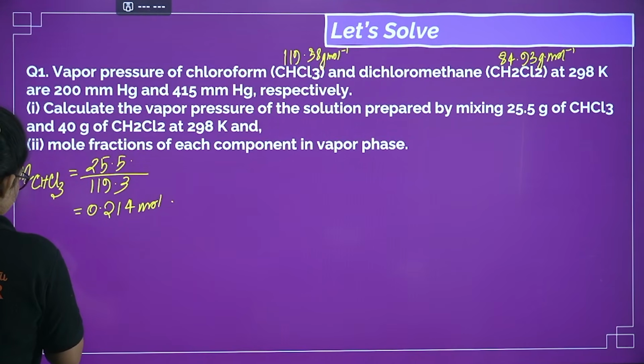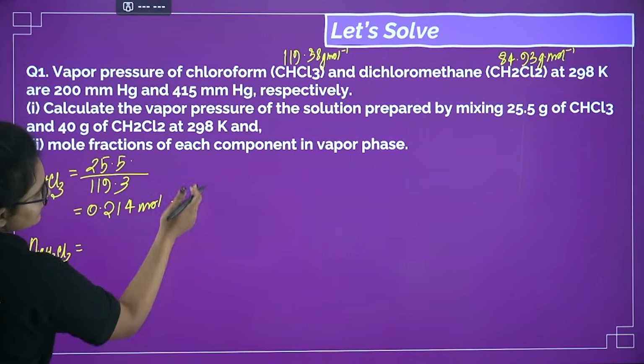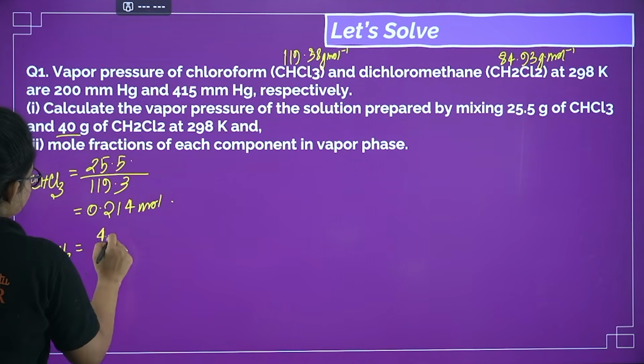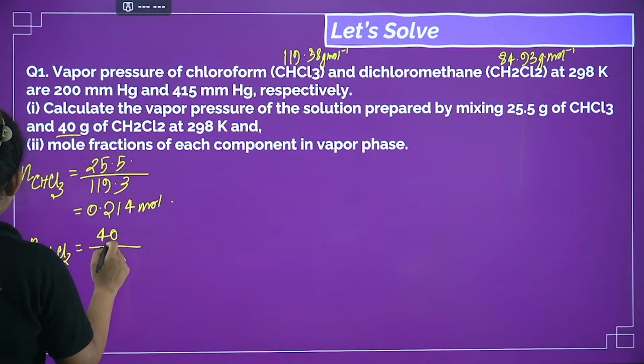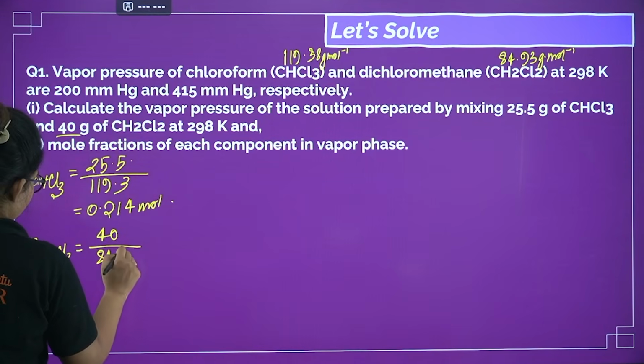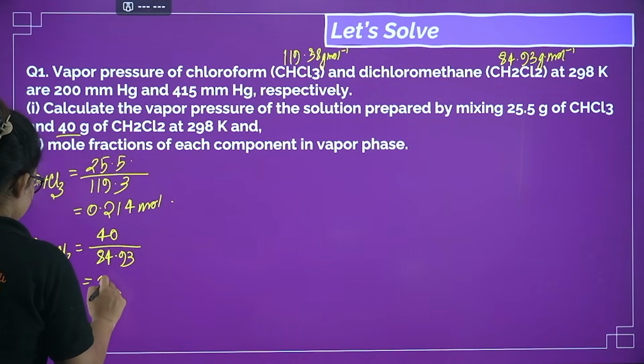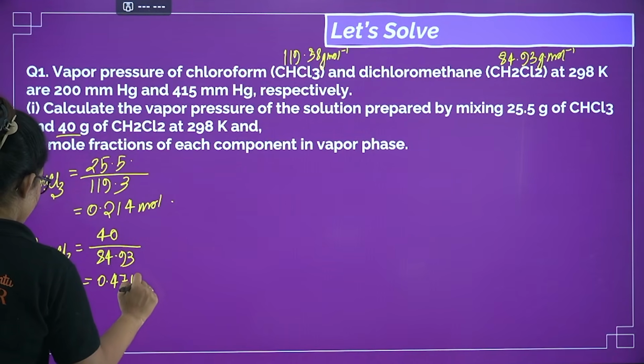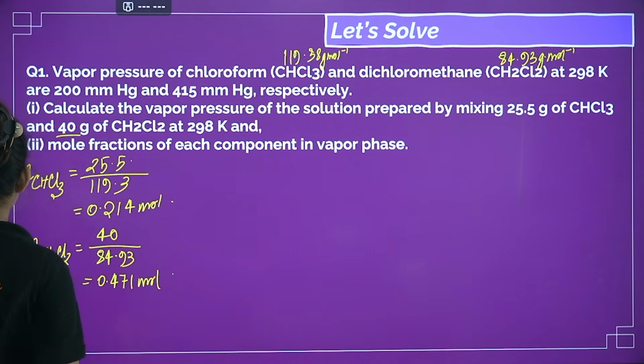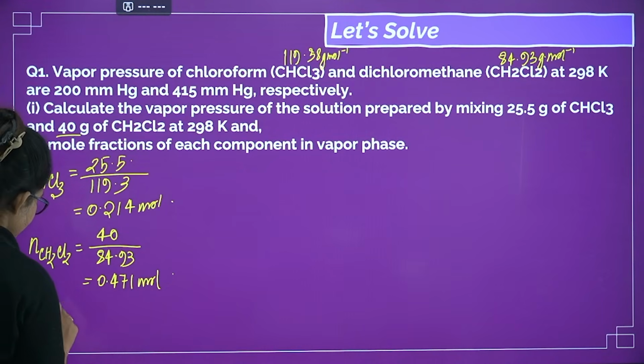Next, number of moles of CH2Cl2. How much they gave? 40 gram. So 40 divided by 84.93. I will get something like 0.471 mole.